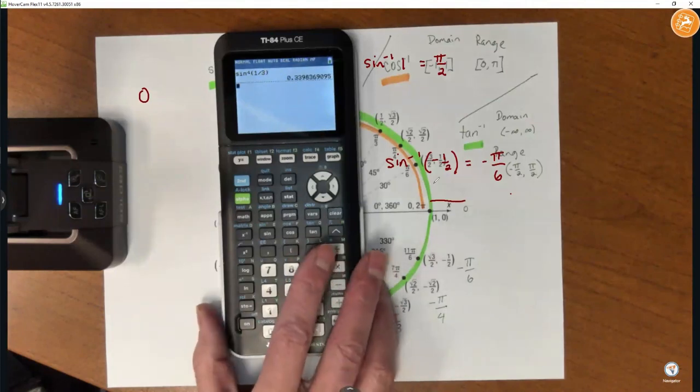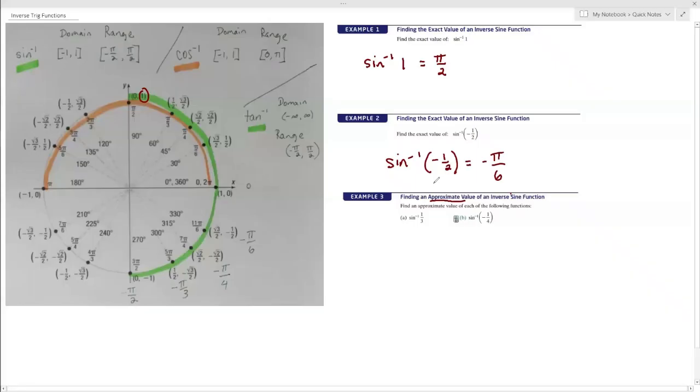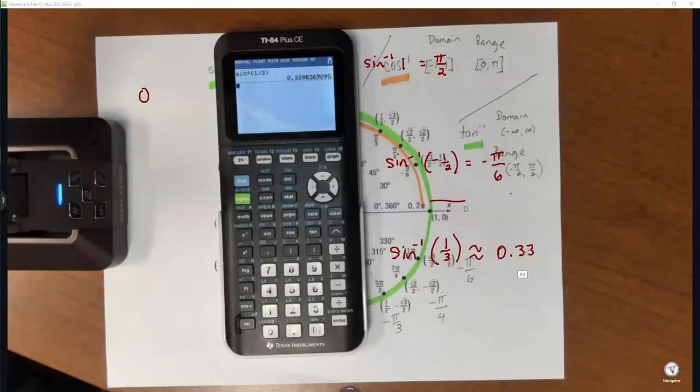And that means I can approximate it to 0.3398 if I use 4 places. So we can say that the sine inverse of 1/3 is roughly equal to 0.3398.